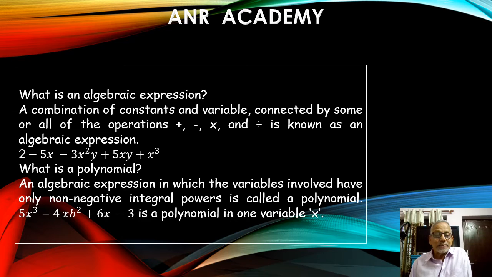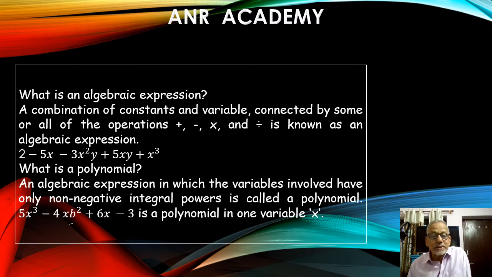You see, this small b is a constant. We write a, b, c for constants and x, y, z for variables.